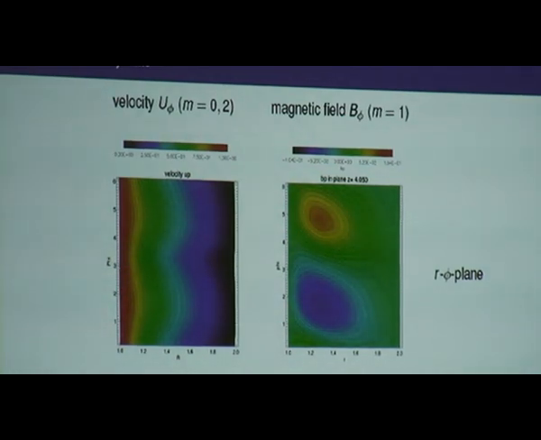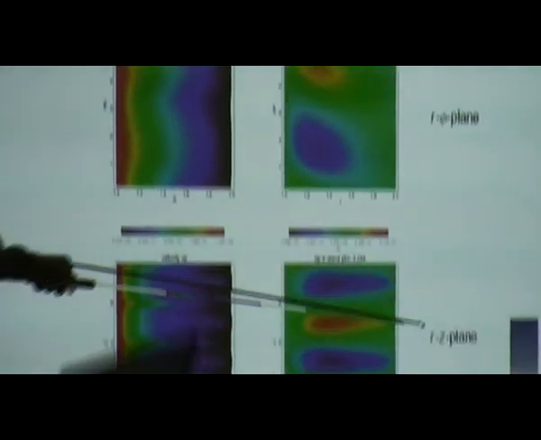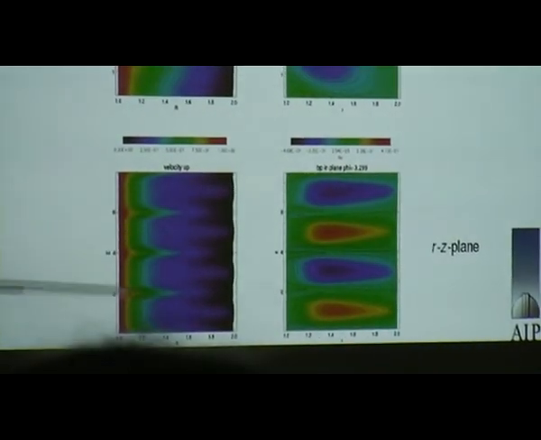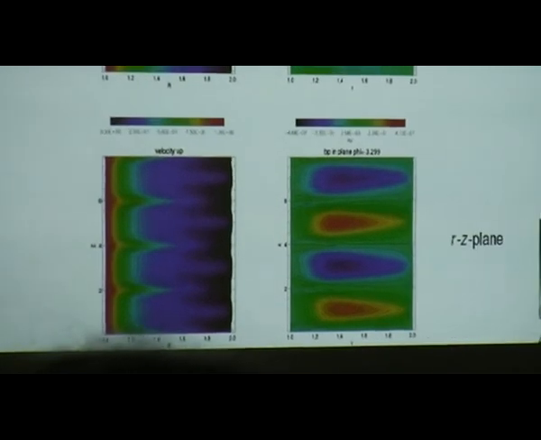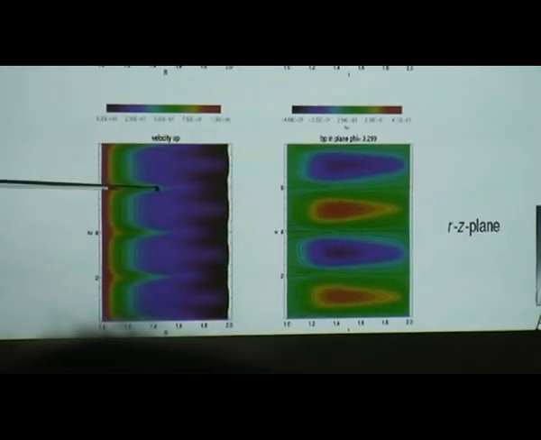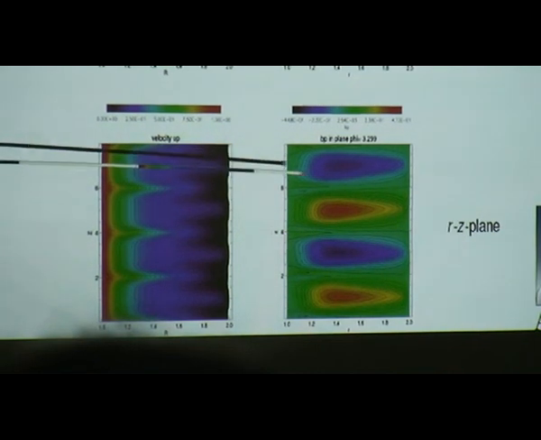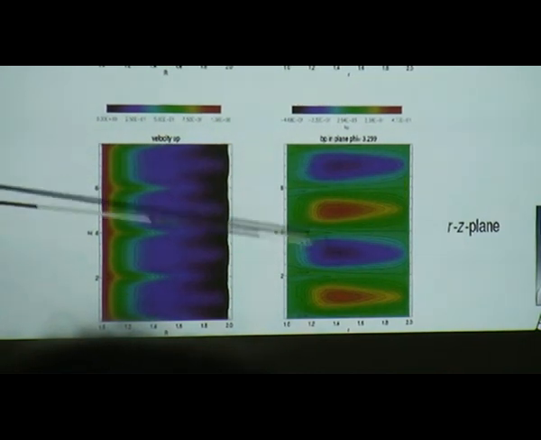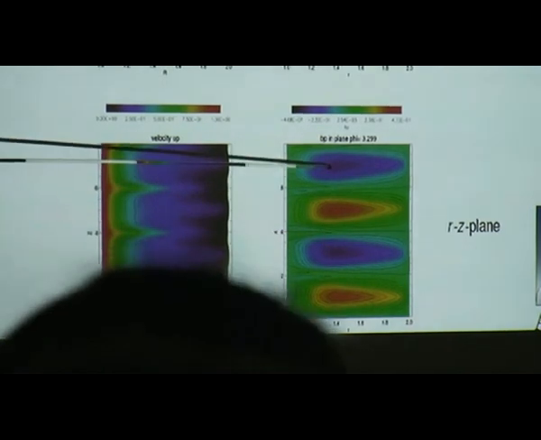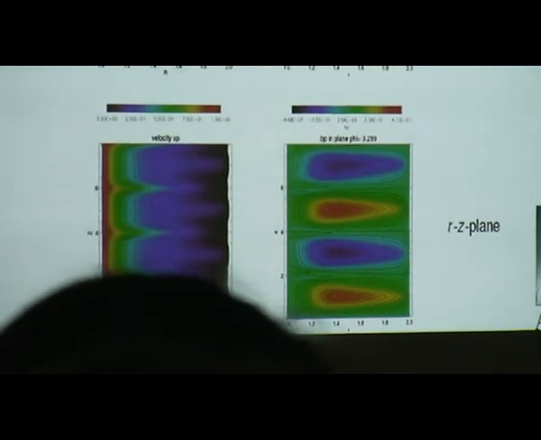And in the plots in the other direction, the z plane, one can easily see the rolls of the Taylor system, the Taylor vortices, and in the magnetic field, that always two of these rolls together act as a small dynamo, producing a positive, negative, or vice versa, negative, positive part of the magnetic field.